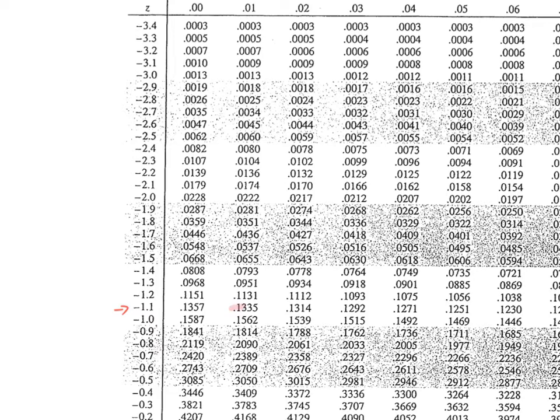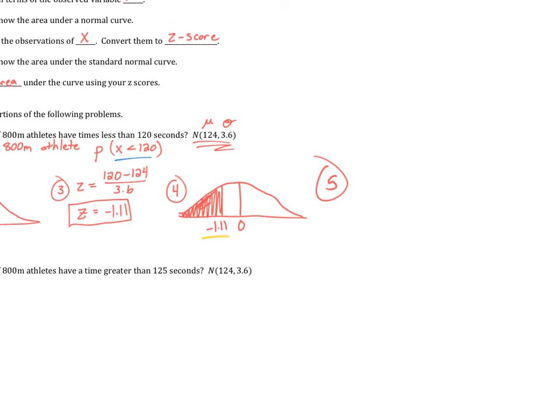Negative 1.11 is right here, because you use negative 1.1 on the side and then the 0.01 column on the top. So it's 0.1335. So the answer for step 5 is 0.1335, which is 13.35%.